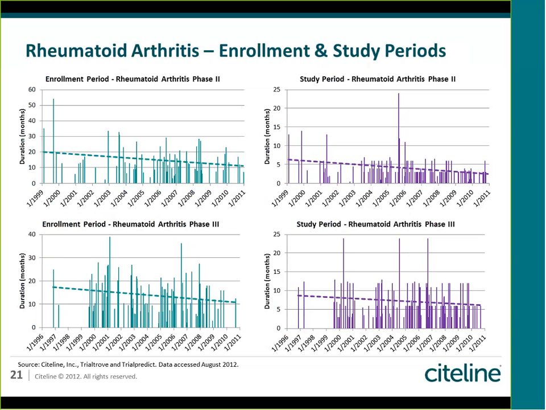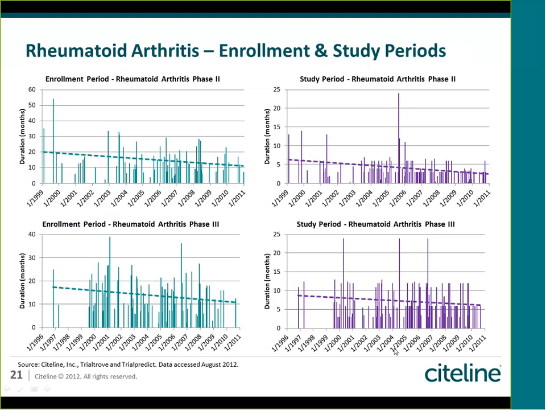If we again take a look at the enrollment periods and the study periods separately, phase 2 on top, 3 on the bottom. We see a downward trend for the enrollment periods in teal at both phases. There's also a slight downward trend in the study period in phase 2 and phase 3.